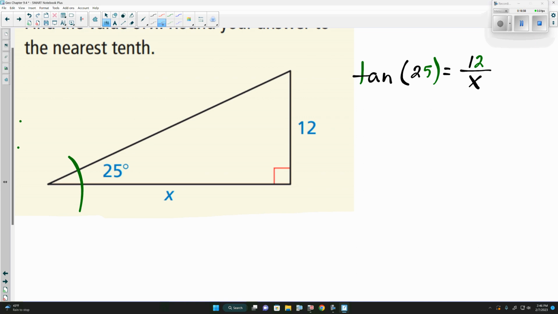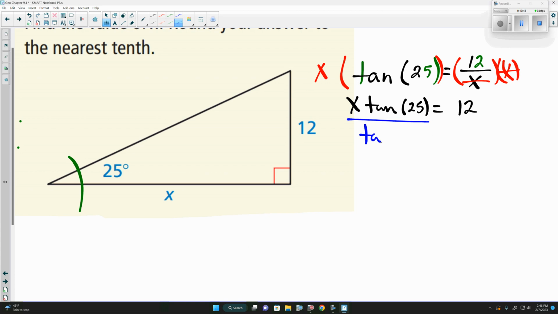Then we would multiply both sides by x. Because over here, the x and x would cancel, telling us that x times tangent of 25 is equal to 12. And then we would divide both sides by tangent of 25 degrees.